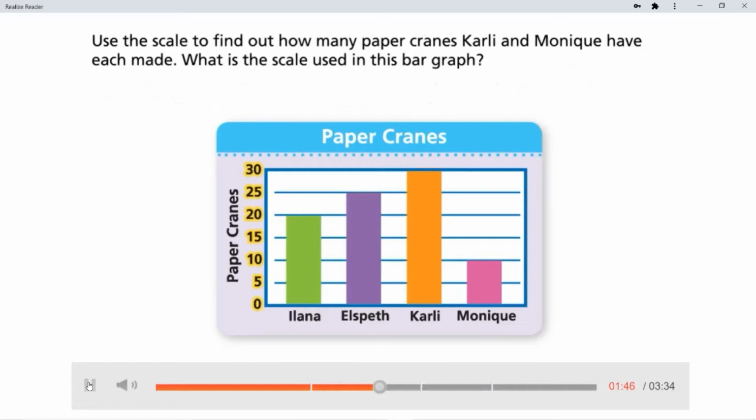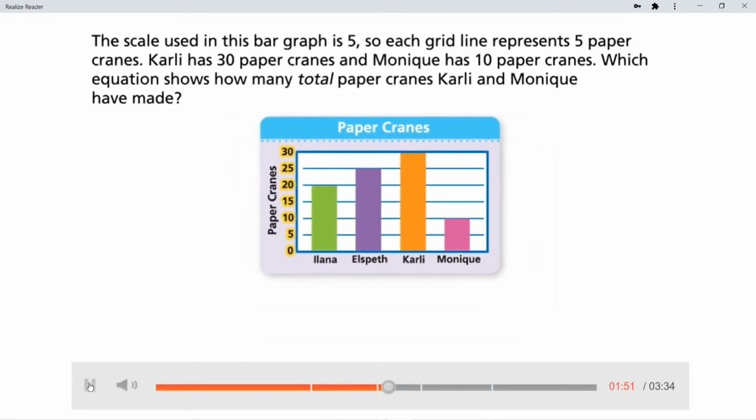What is the scale used in this bar graph? The scale used in this bar graph is 5, so each grid line represents 5 paper cranes. Carly has 30 paper cranes, and Monique has 10 paper cranes.